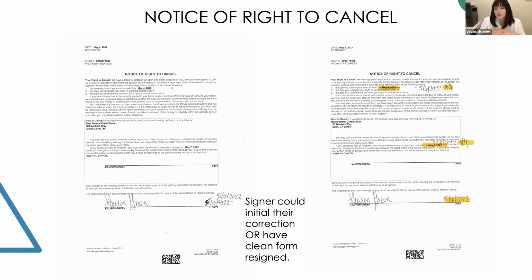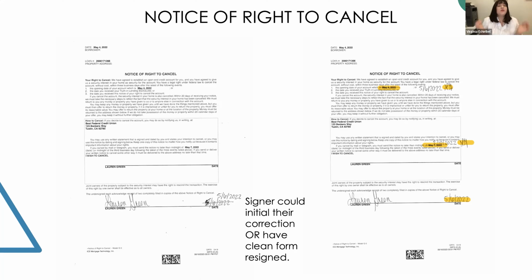I want to make sure this form looks as perfect as we can get it. But if you don't do that, that's okay. Most of the time that won't present a problem. Always have the signer initial the correction. So in this case, I just had them sign a brand new form. So yeah, date corrections, they have to be initialed.